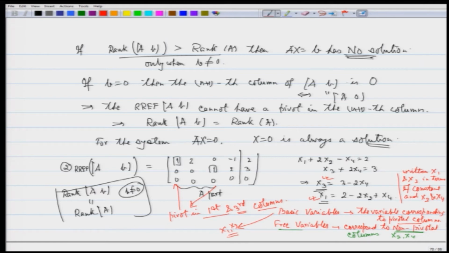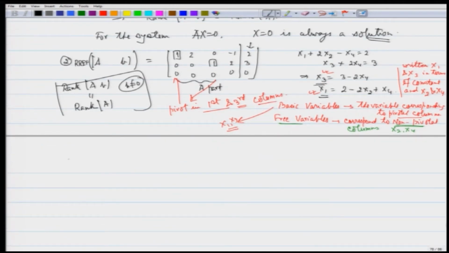So what we have done here, you have to be careful, is written the basic variables in terms of constants, which are 3 and 2 coming from the B part, and the free variables. That is always important, because free variables can be given whatever value you want, and still the system of equations will have a solution. Let me rewrite this on the next page.